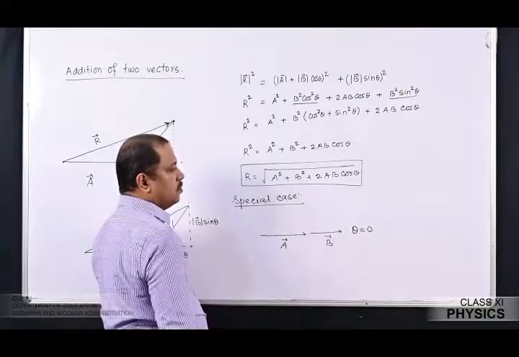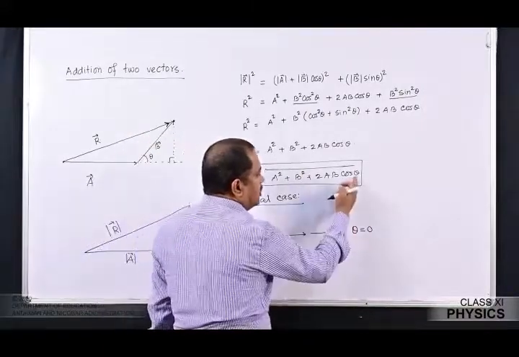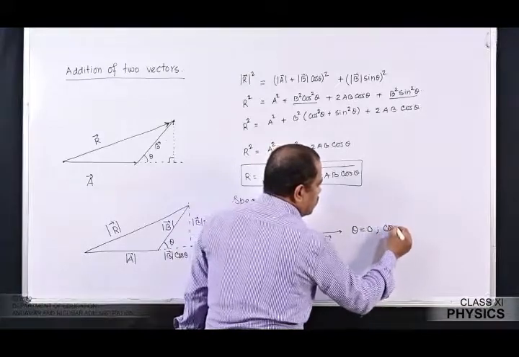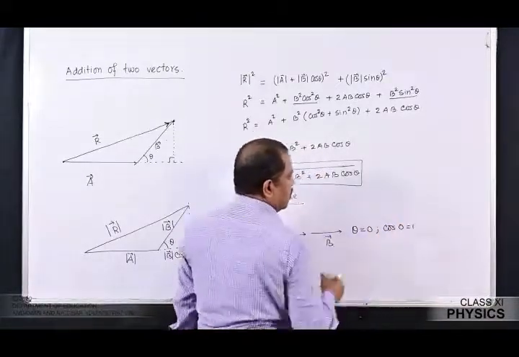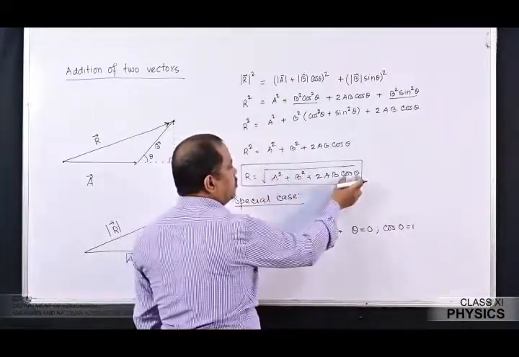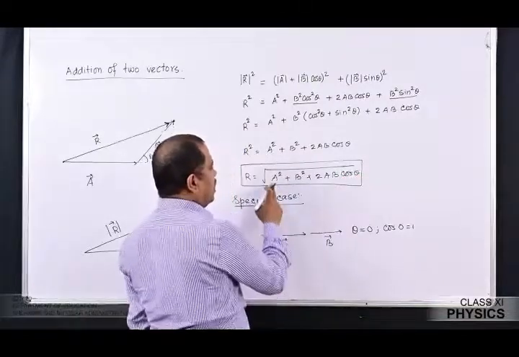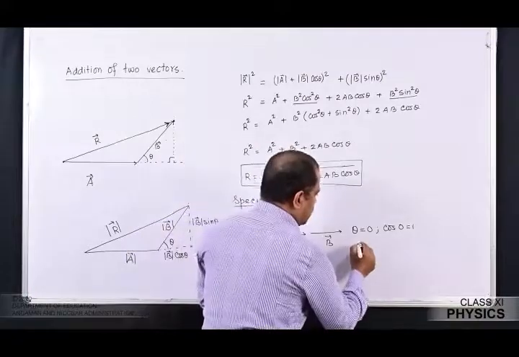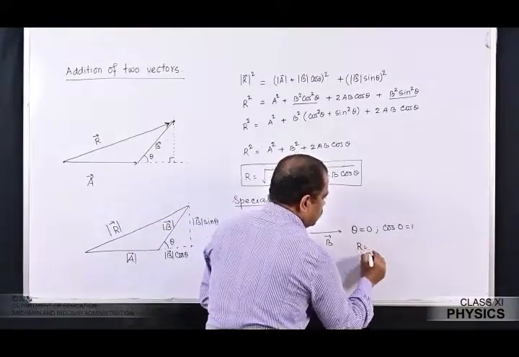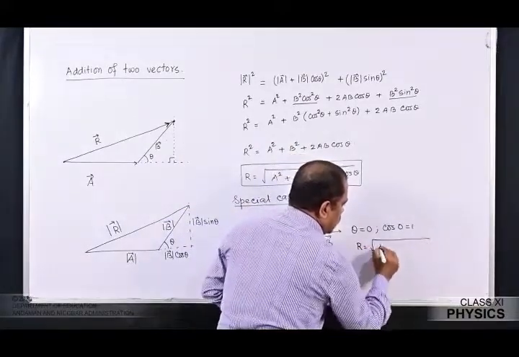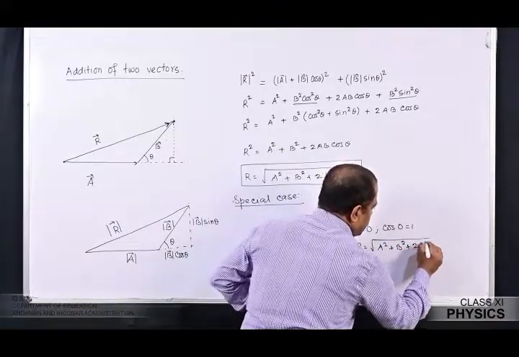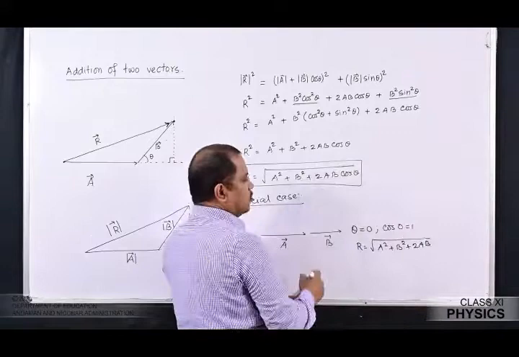And I know that when theta is 0, cos 0 happens to be 1. If I put cos 0 as 1, I am going to have R is equal to root under A square plus B square plus 2AB.